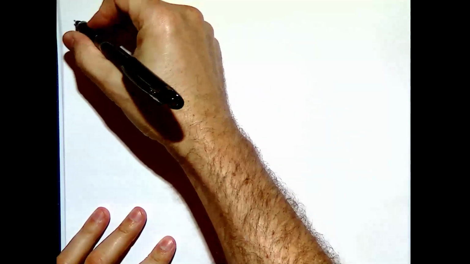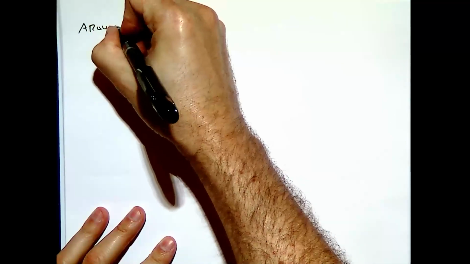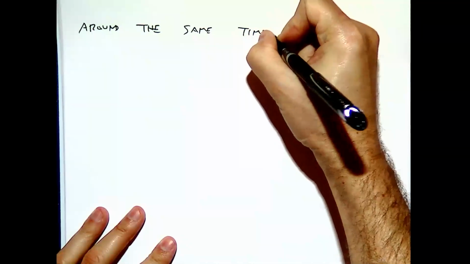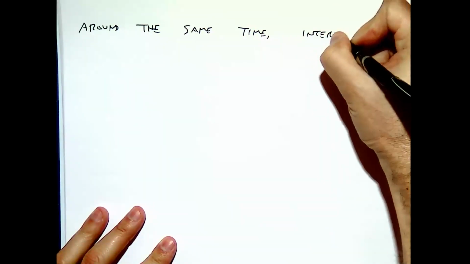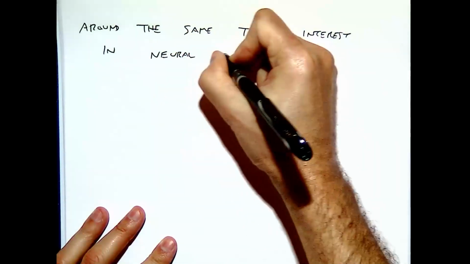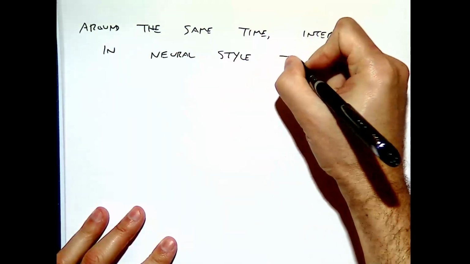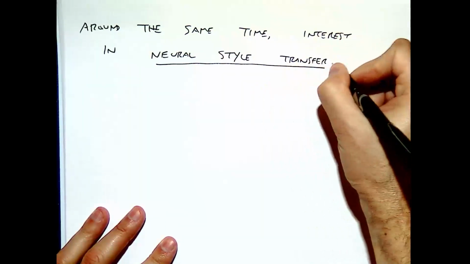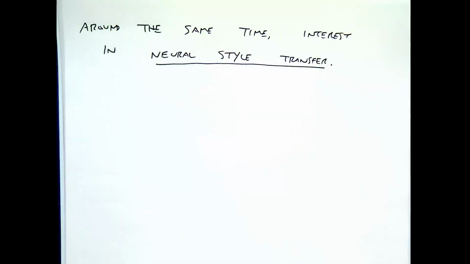So around the same time, there was a lot of interest in what is called neural style transfer. And this is basically a new way of making an input image X appear to be in the style of some different style Y, okay?